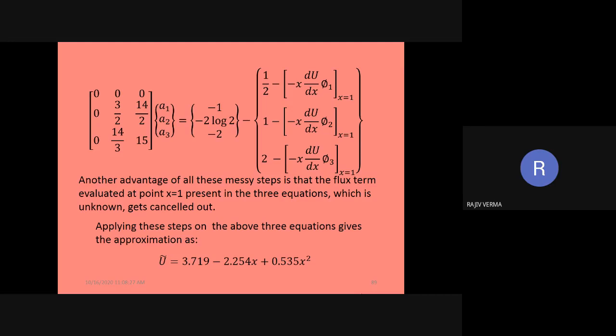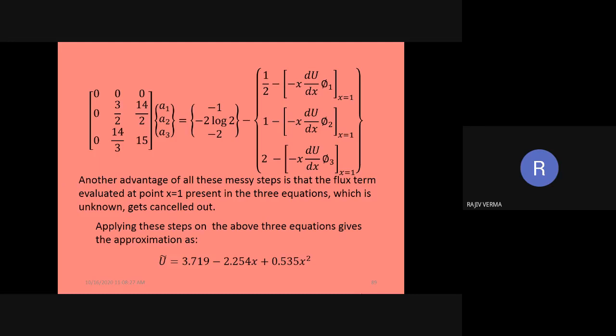So if we carry out the entire procedure and solve the equations for the values of A1 and A2, and then use the constraint function to get the value of A3, this is the polynomial which you get. And please note that this particular equation simply represents the variation of temperature, the variation of the unknown within the domain.